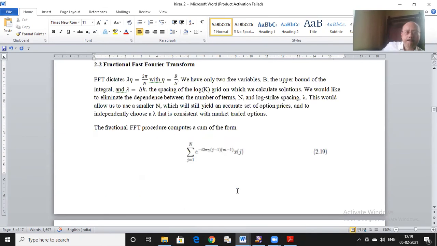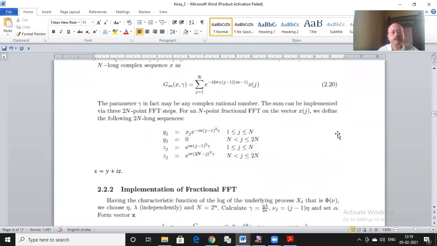But to break that connection, one can also use a fractional fast Fourier transform, which is an expansion on the FFT, where I break this link between lambda eta.